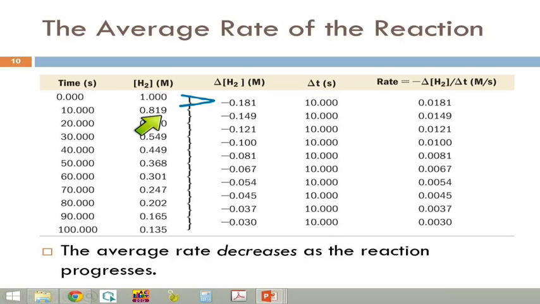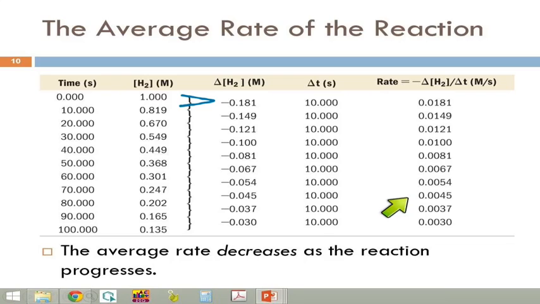So we've got the final 0.819 minus 1, and that gives us a negative 0.181. The time change there is 10 minus 0, so 10 seconds. The rate is negative of the change in hydrogen divided by the change in time. And so we end up with a rate of 0.0181. And you can go through for each time interval and calculate the rate.